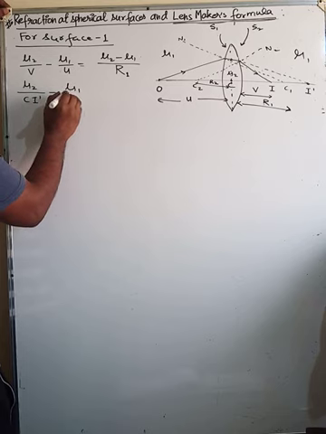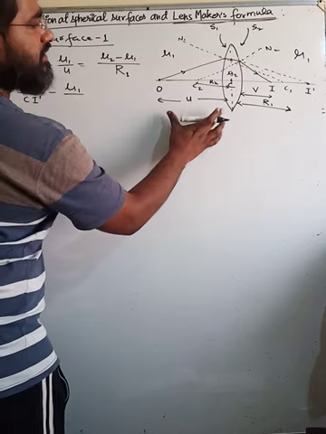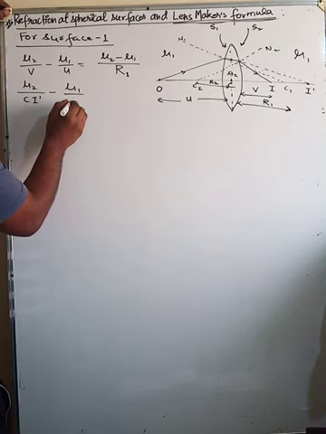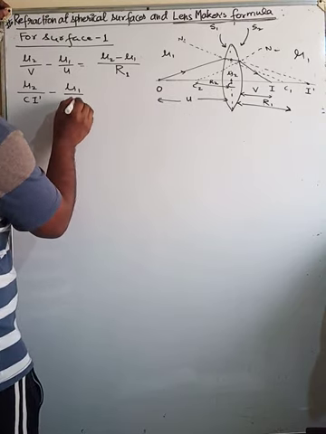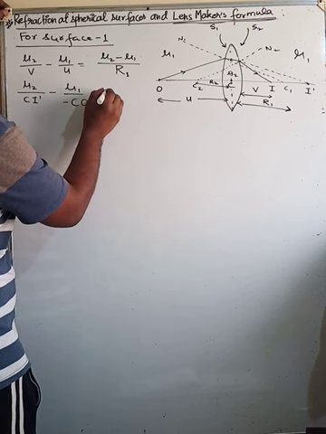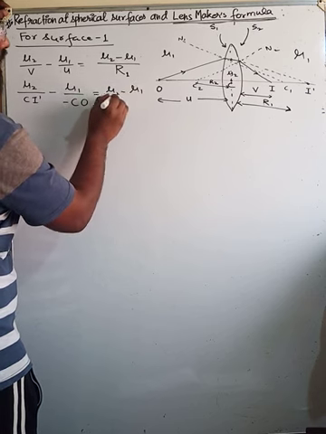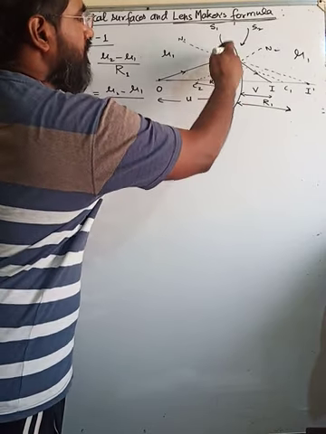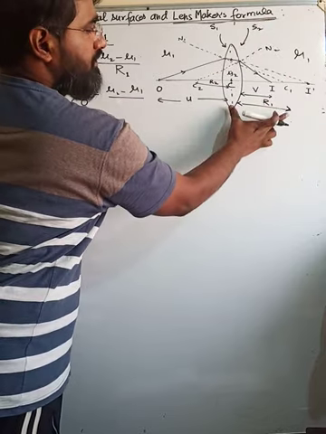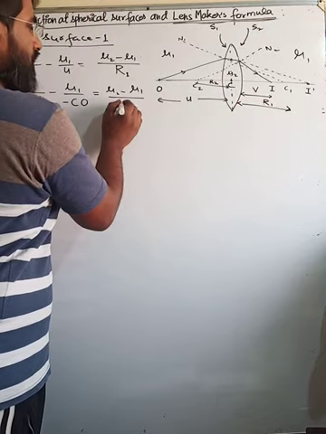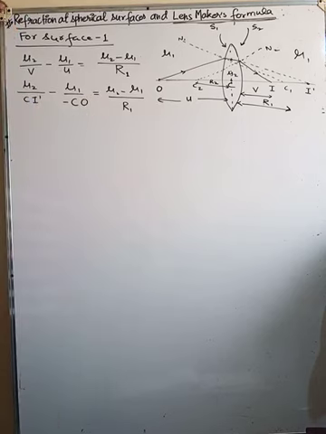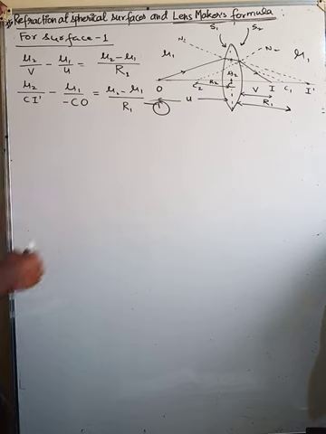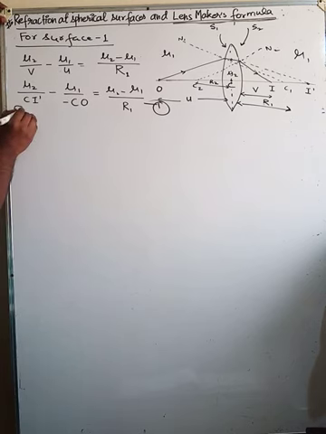Minus mu1 upon U. U means object distance, and it is kept on the left side, so we write minus CO, is equal to mu2 minus mu1 upon R1. It is on the right side. From here to here, for this surface, the radius of curvature is on this side, so this is R1 and it is positive. So this is for surface number 1, equation 1. Now for surface number 2.